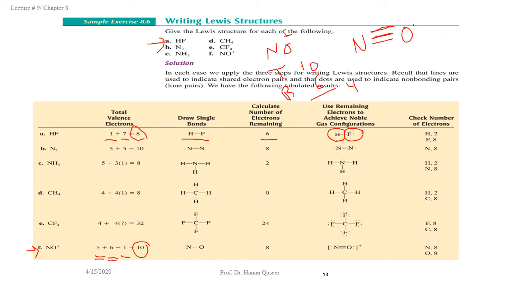This needs 2 and this needs 2. Now around oxygen 8, around nitrogen 8 electrons. And the whole ion has +1. Thank you. Try to solve the rest of these in this table.